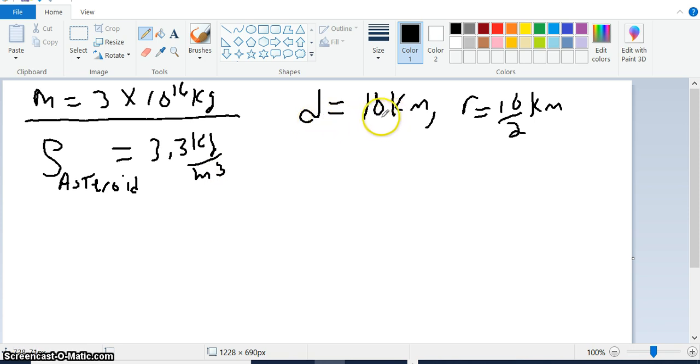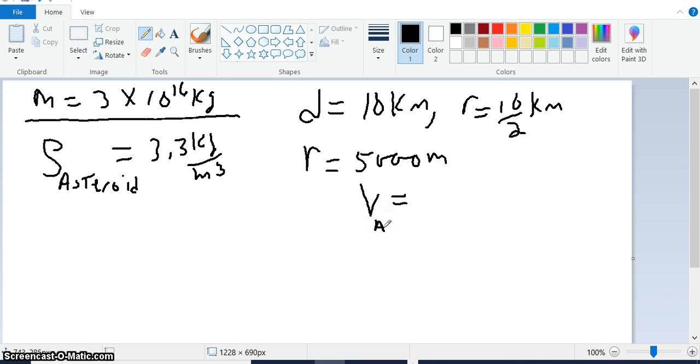The diameter of this asteroid, let's say it's spherical, is 10 kilometers, so the radius would be half of that, 5,000 meters. We want to do this in meters.